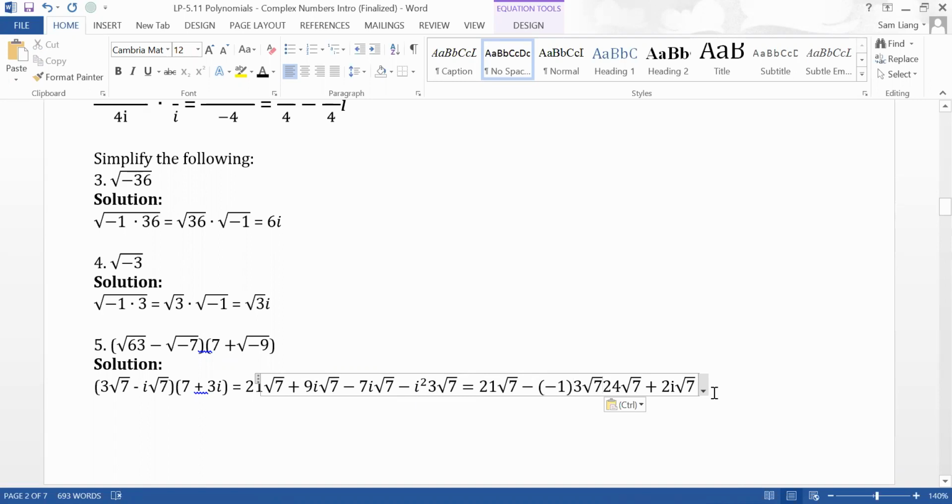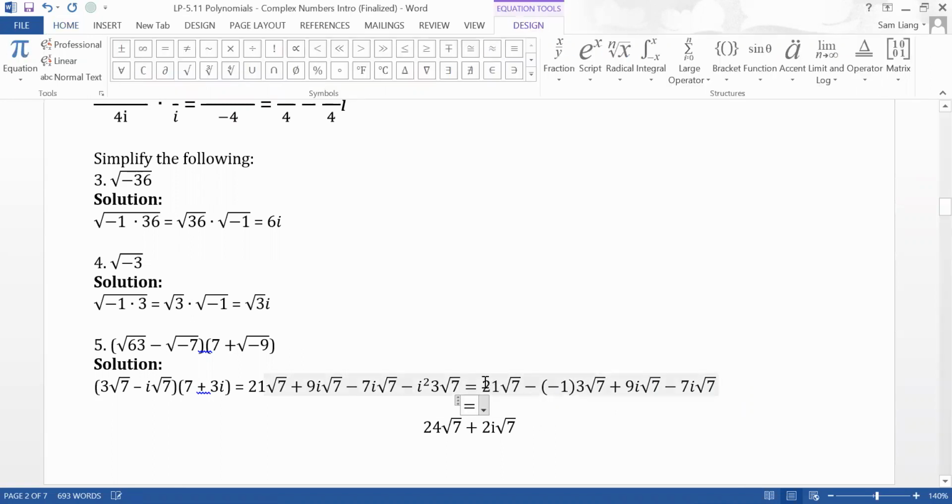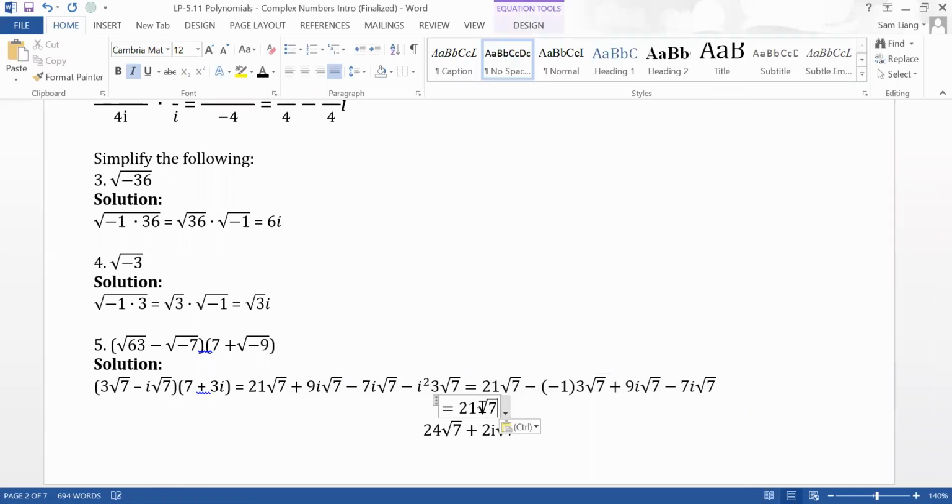And then I have the middle parts. So that becomes 21 root 7 plus 3 root 7, because negative, negative becomes positive, so it would be 3 root 7.